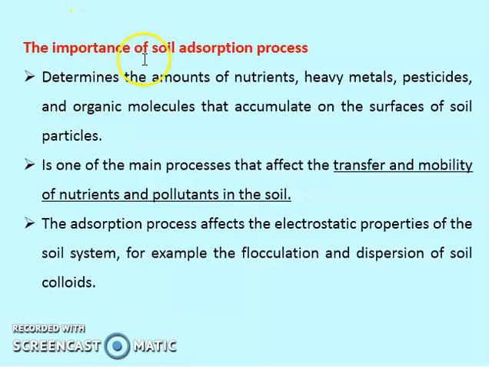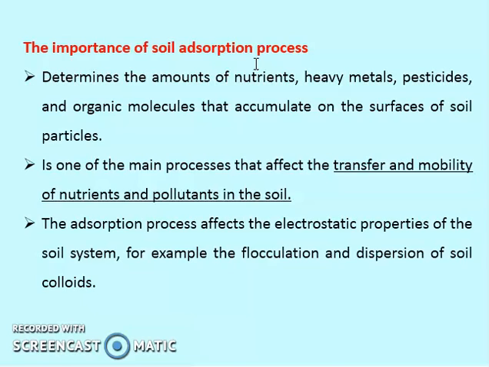The importance of the soil adsorption process. Actually, we are doing a lot of research using the adsorption mechanism for remediation and purification of water, purification of wastewater, and removal of pesticides, nutrients, or heavy metals.